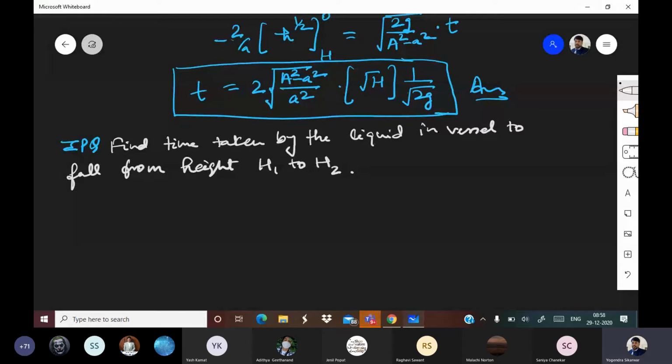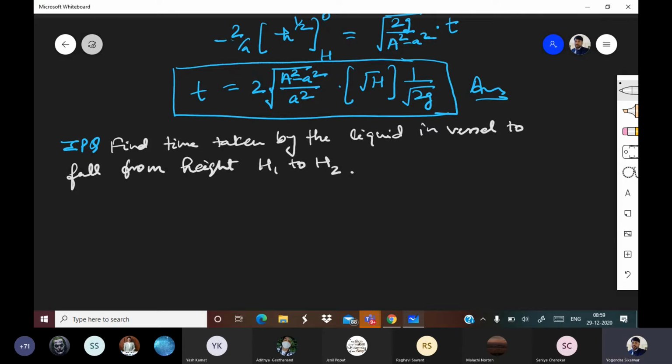Yes, she's saying, sir, the V out part was calculated based on the height of the tank, not the area of the orifice. We solved using two methods in the last class. In one method, the size of the tank was large, and when the size of the tank was large, V out was under root of 2gh, correct.